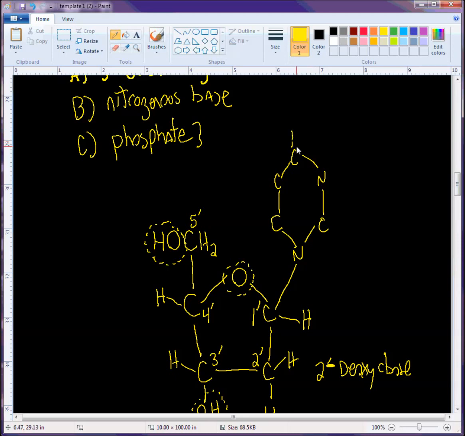Cytosine is going to have an oxygen up here, and nope, that's going to be wrong, right? An amino group there, and an oxygen double bonded to this carbon down here. Now we're also going to have some double bonds here, so we'll put those in, and then we will put in the hydrogens.